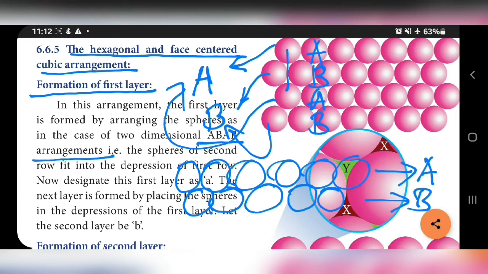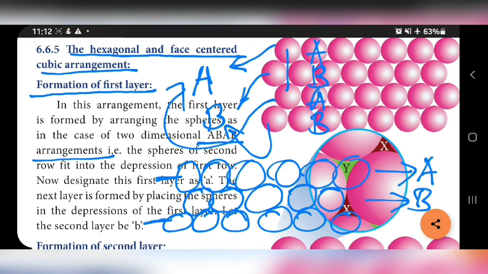Again, if atoms are placed at the depression of the second layer, it is similar to the first layer A, so it is also termed A only. Like that, if an atom is placed at the depression of the third layer, it is similar to the second layer, so that is called B.